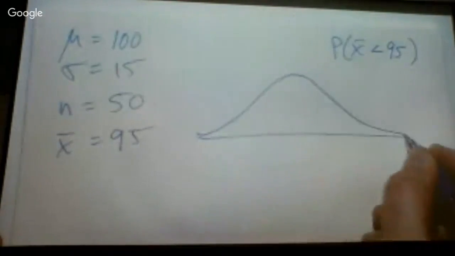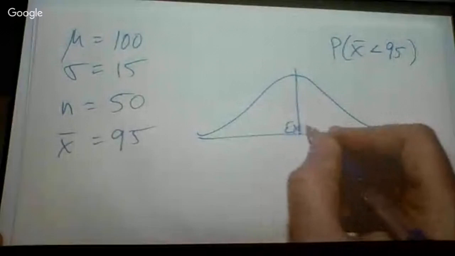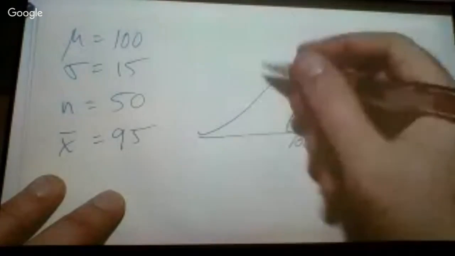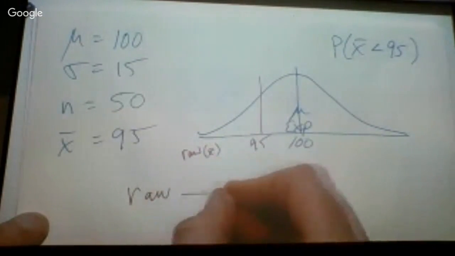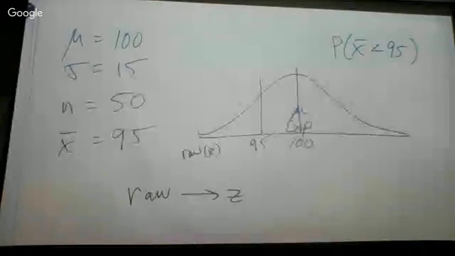IQ is normal, but I got a big sample size, so it doesn't matter much to me. We're going to have a raw score on here of 95. That raw score we're going to turn into a z-score. What's the formula to calculate a standard score?